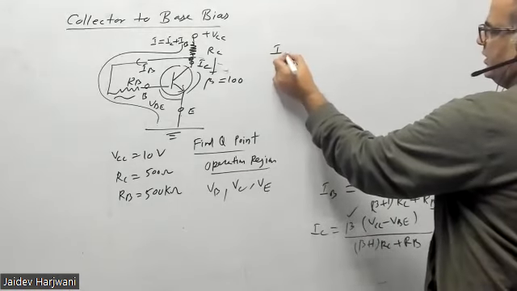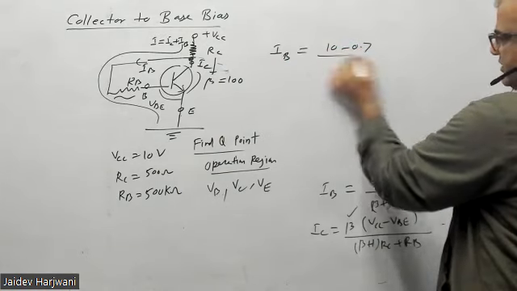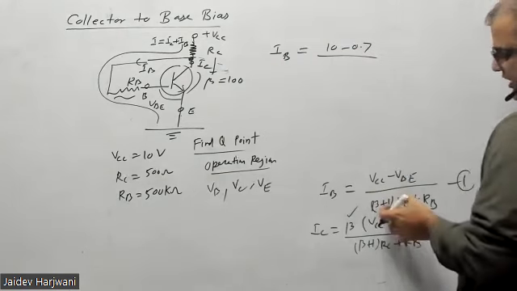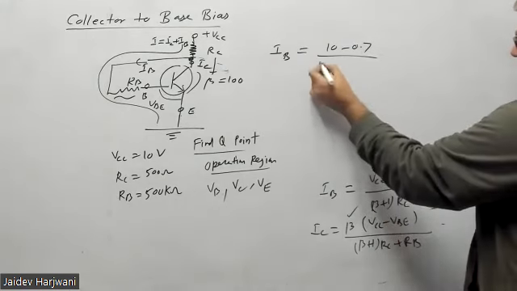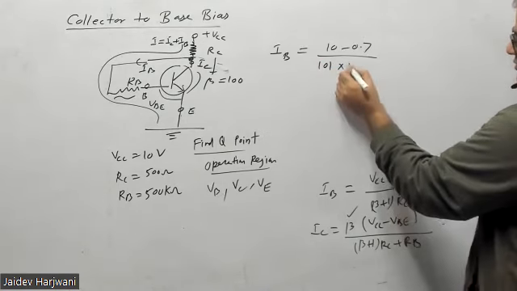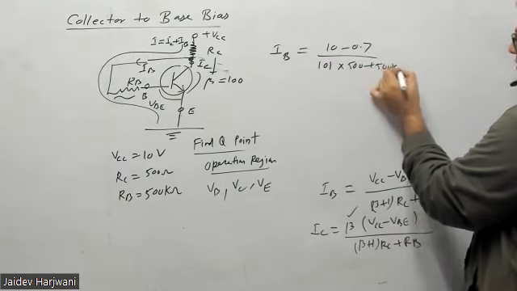So IB is 10 minus 0.7. Beta is 100, you can neglect this one also. RC is your 500 ohm and RB is your 500 kilo ohm.